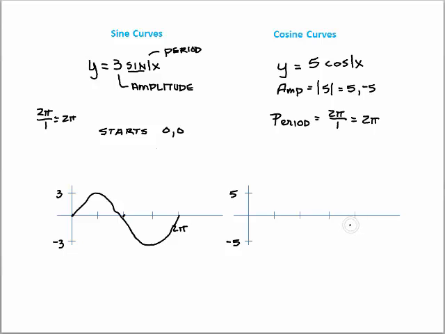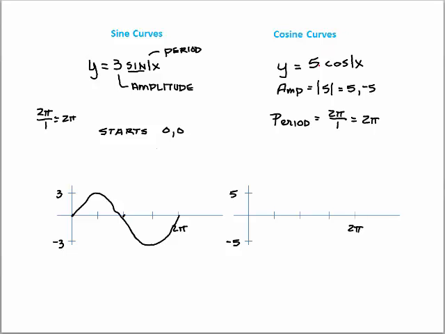Let's put 2 pi in here. Let me try something a little fancy. See if this works. It's a cosine curve. Now a cosine curve says that we start at minimum or maximum amplitude.